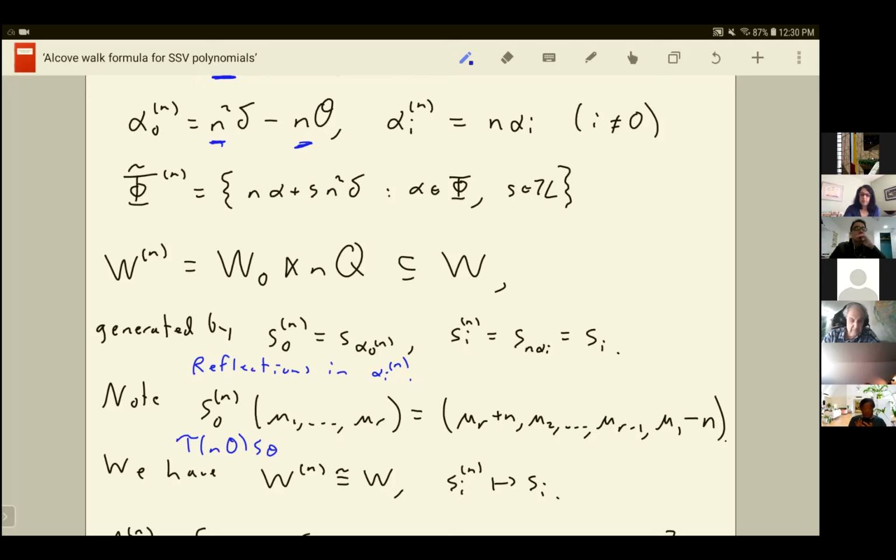Well, they definitely wouldn't be disjoint. If M divides N, then Wm contains Wn, so they're nested as you increase N. The reason why these are interesting, and I'll talk more about it later, is that the SSV polynomials are going to satisfy another sort of triangularity like the Macdonald ones did.